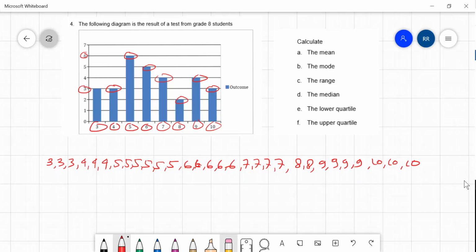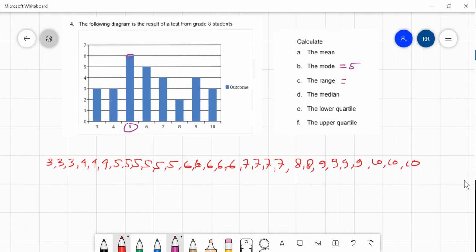From the graph, we can see that the highest frequency is the tallest bar, which is this one over here, because 5 comes up 6 times. So 5 comes up the most, which means that the mode is 5.